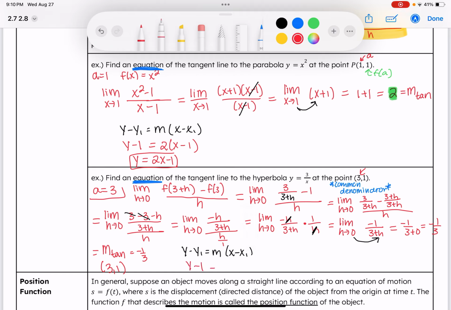So we're trying to find that specific line, the equation of that line. So if you look at y equals x squared, if we draw this curve, we know that it looks something like this U shape. If I'm looking at exactly the point 1, 1, I want the tangent line.